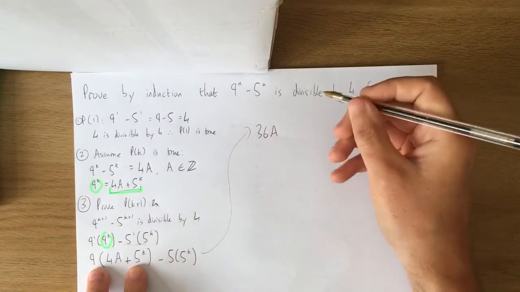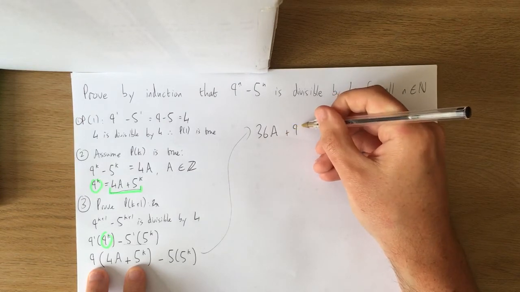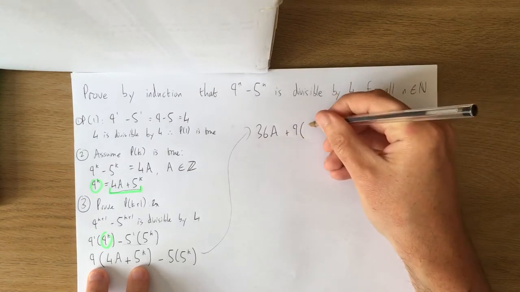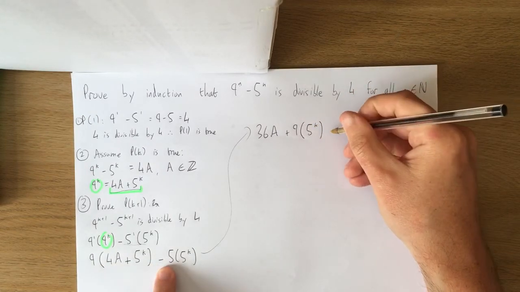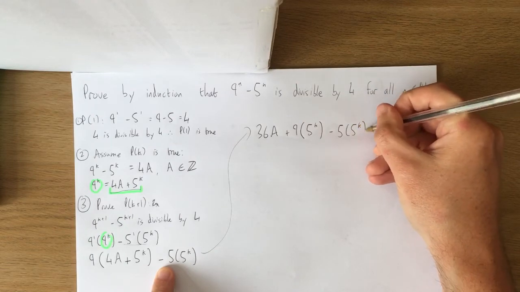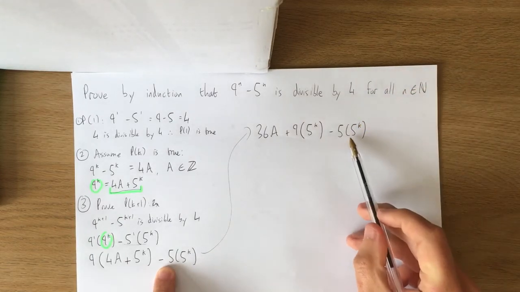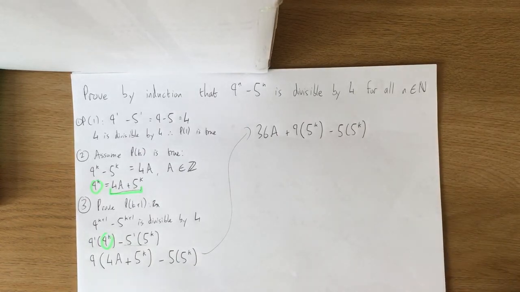So all you're going to write for that one is plus 9 times 5 to the k. And then you've got your minus 5 times 5 to the k. And same thing, okay? You can't multiply that in. 5 times 5 to the k is not 25 to the k. All right?